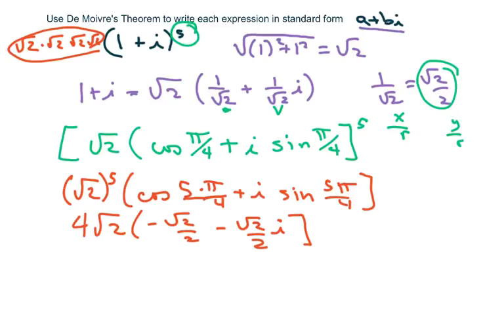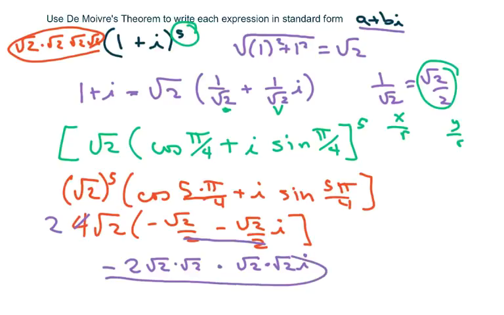These 2's here will cancel with this 4 and make this 2. When you multiply through, you're going to get negative 2 times the square root of 2 times the square root of 2, minus square root of 2 times square root of 2 i. And then we're going to simplify this. Square root of 2 times the square root of 2 is just 2.